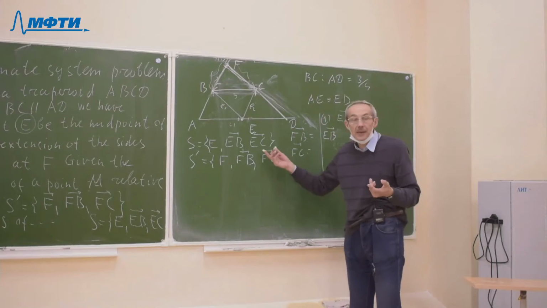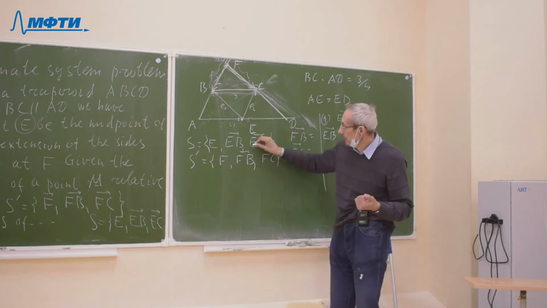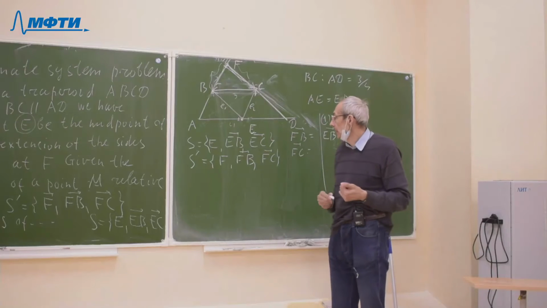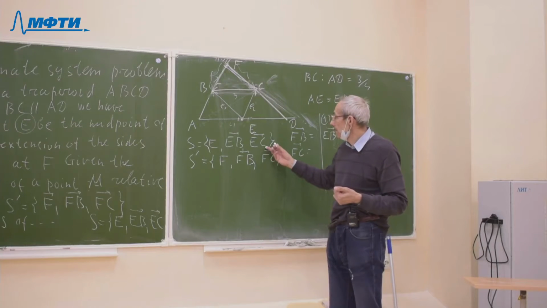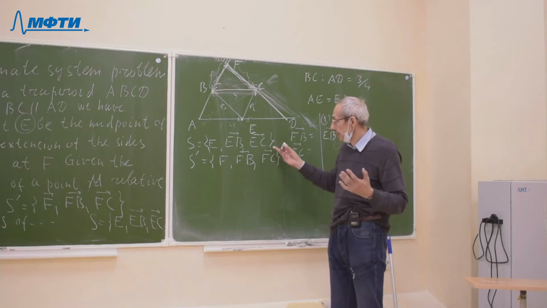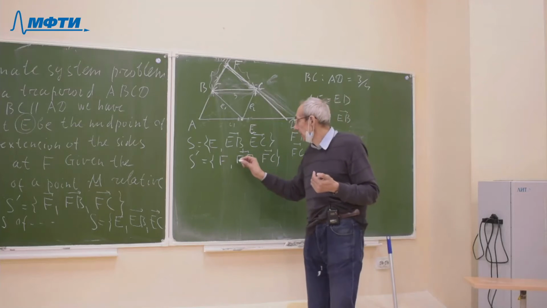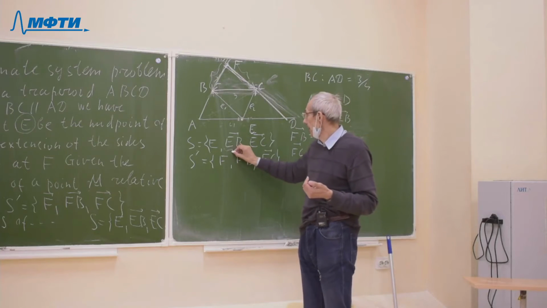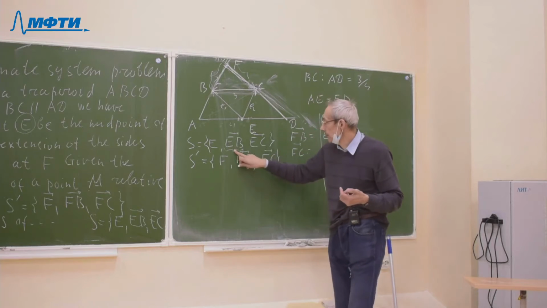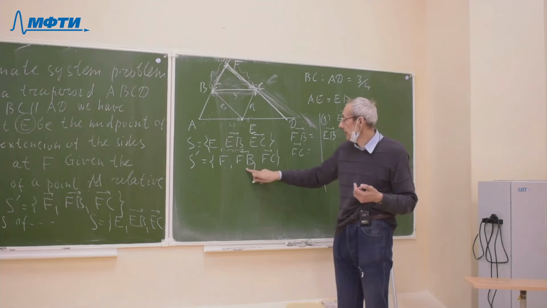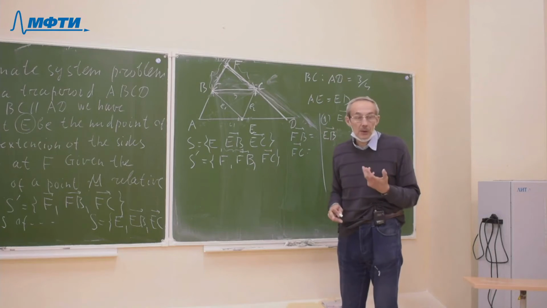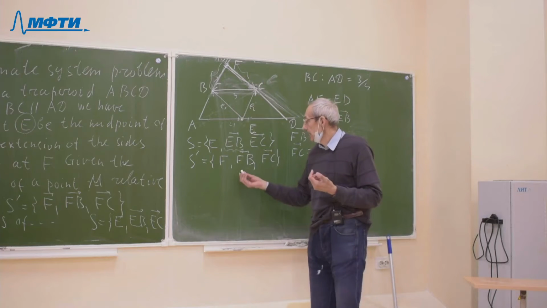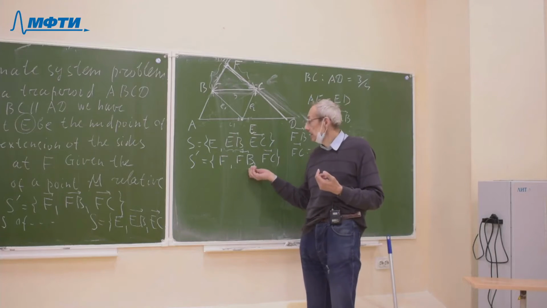What's the idea of this solution? We have two coordinate systems, and we have two bases. The first of these bases is EB and EC, and the second is FB and FC. And our aim is to express the second of these bases in terms of the first.